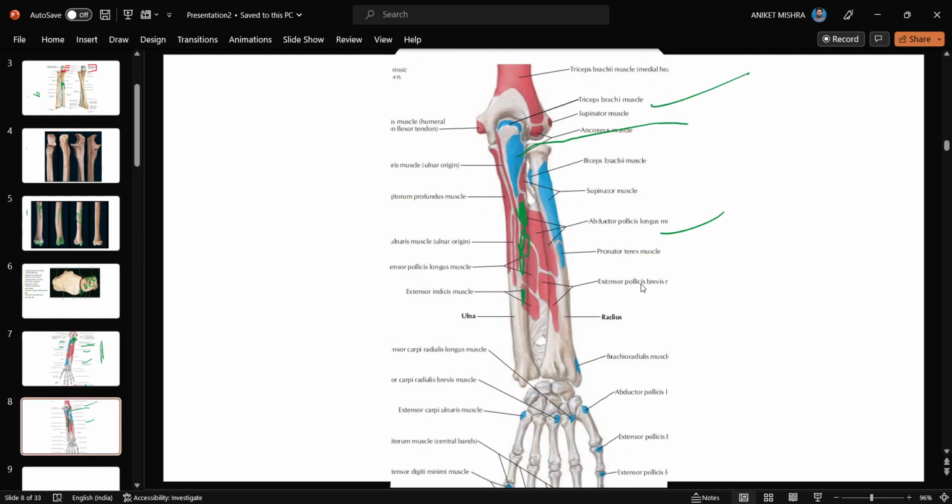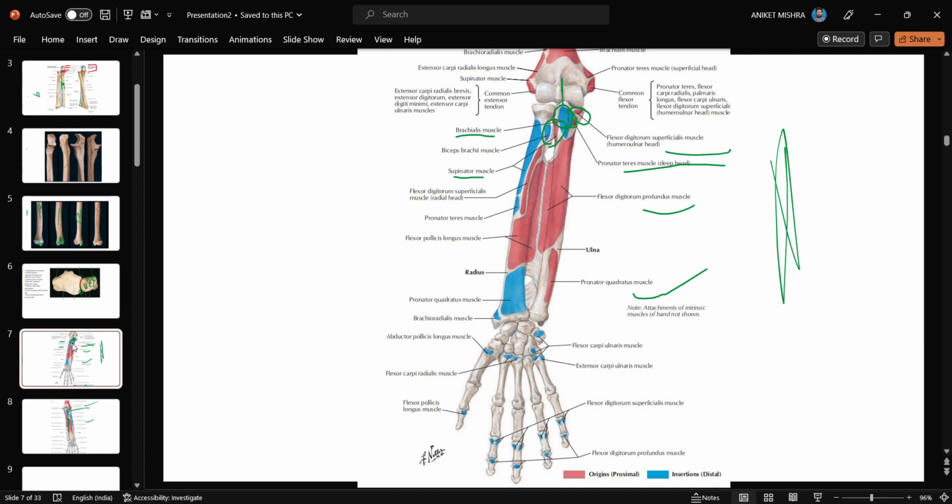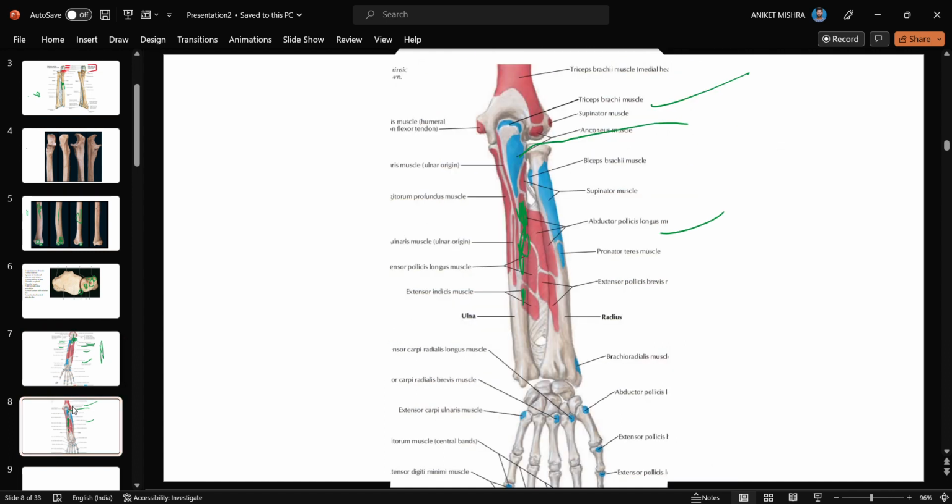The extensor carpi ulnaris arises from the posterior border at the groove. That's all the muscles which originate and insert at the ulna.